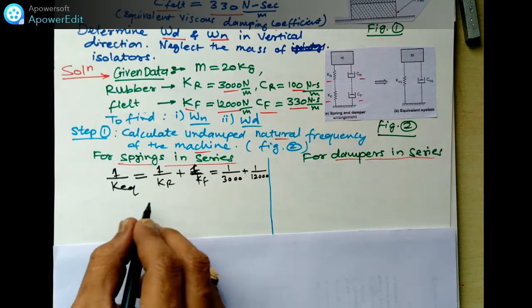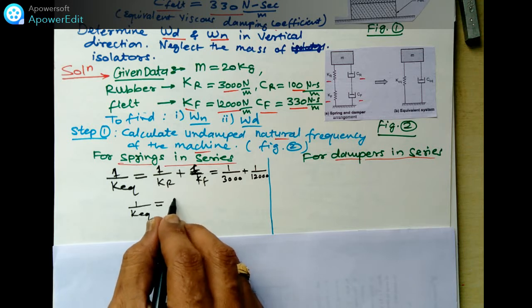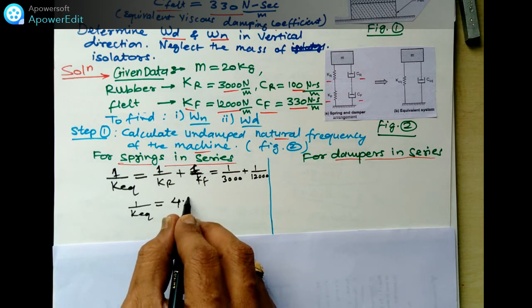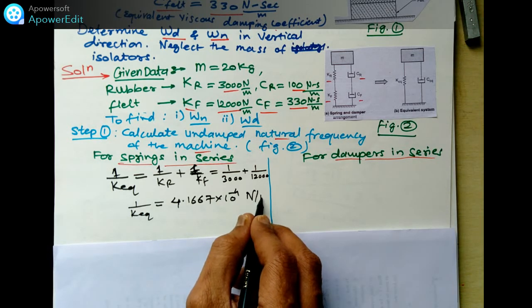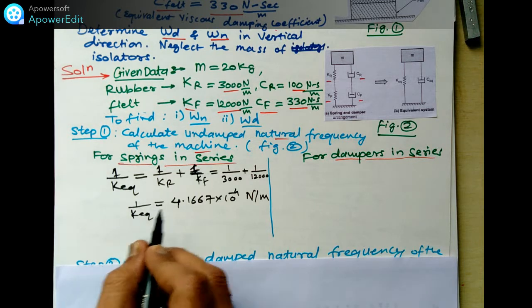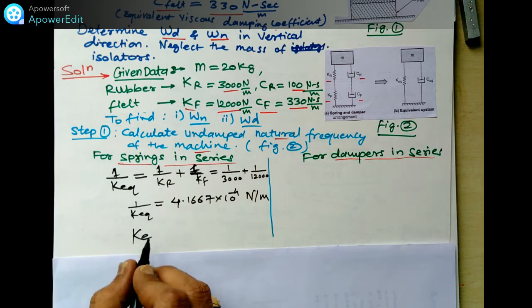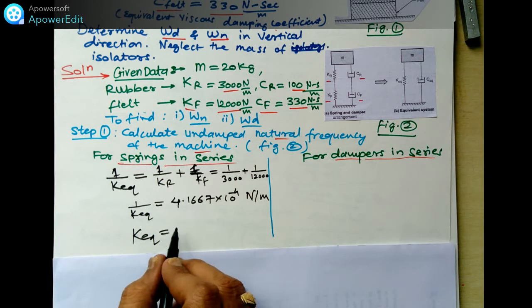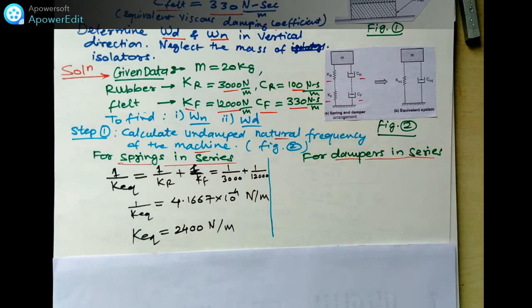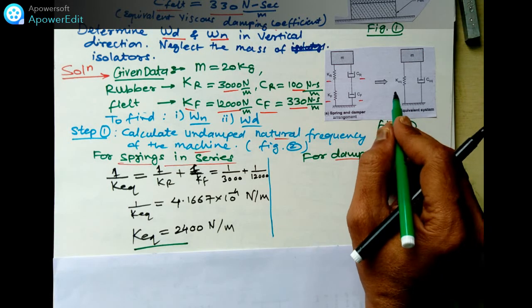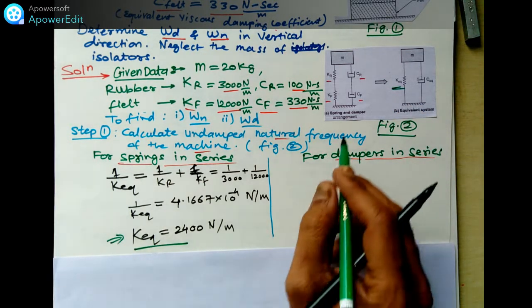Solving this, 1 upon K equivalent is 4.1667 into 10 raised to minus 4, and the reciprocal gives K equivalent as 2400 Newton per meter.